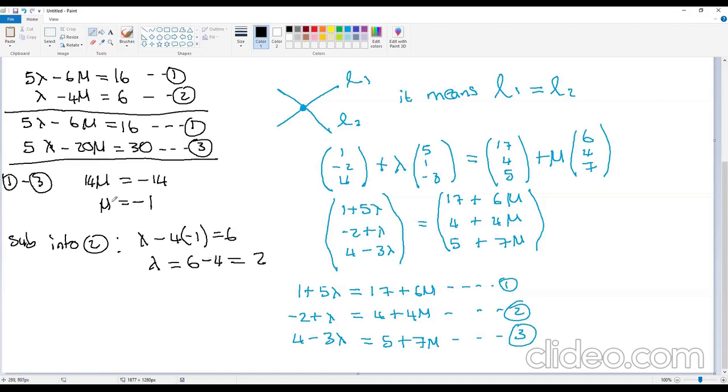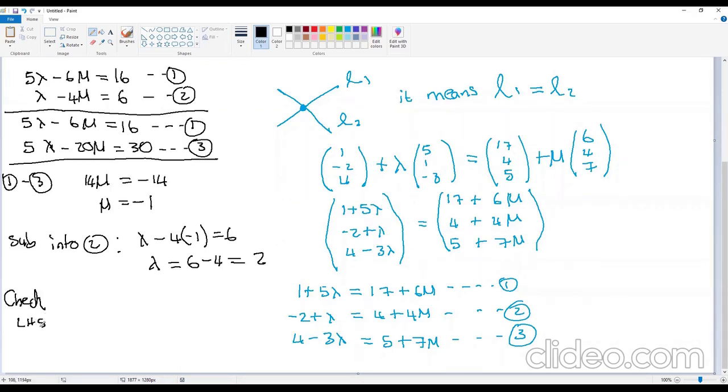So now we've got mu, which is equal to minus 1, and then we've got lambda, which is equal to 2, right? And then we need to check if these two satisfy equation 3. If they do, it means these two lines cross. It means that this first equation that we did here was correct. But if they don't satisfy equation 3, it means everything's wrong.